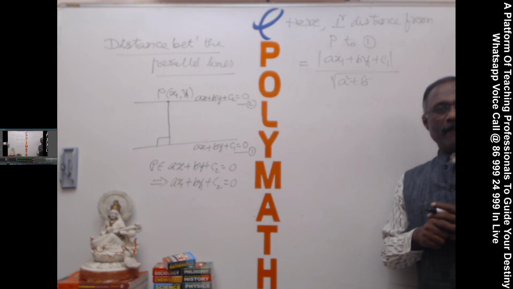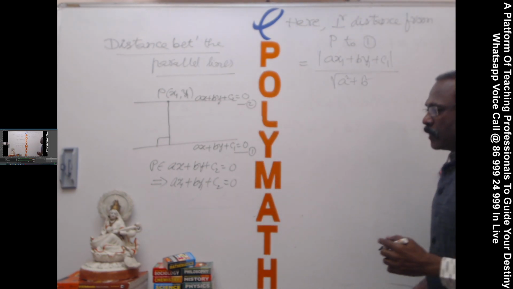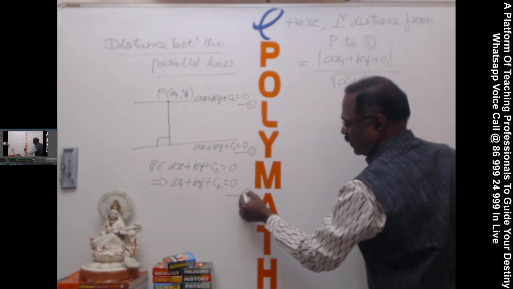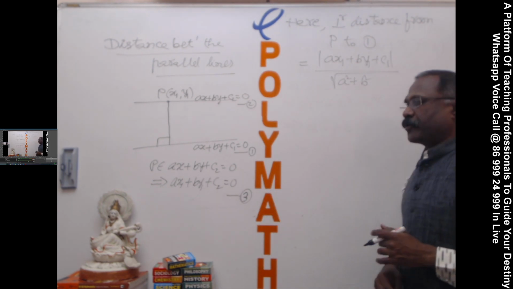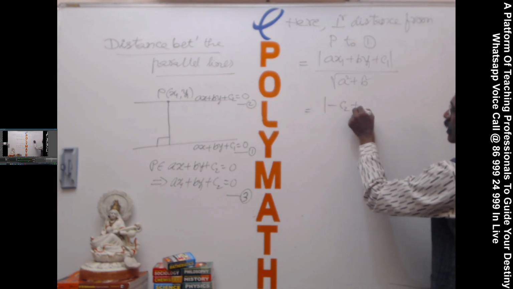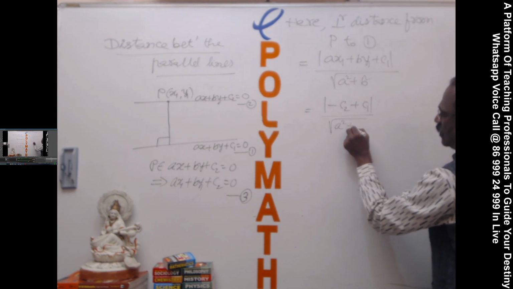This is the distance from P to this line. Now what is ax1 plus by1 here? Minus c2. Substitute here: modulus of minus c2 plus c1 by root over a square plus b square.